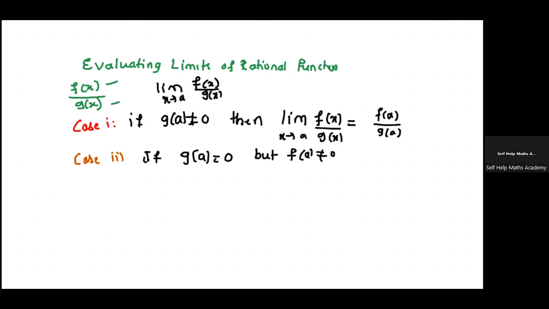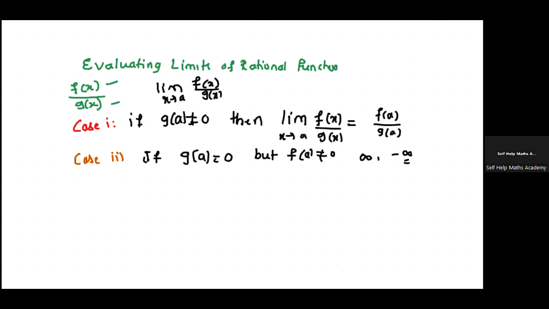Then we have a vertical asymptote at x equal to a. We have to examine further to determine the limit. The only possible values of the limit will be either plus infinity or negative infinity. So when the denominator is equal to 0 and the numerator is not equal to 0, these are the two possible limits.